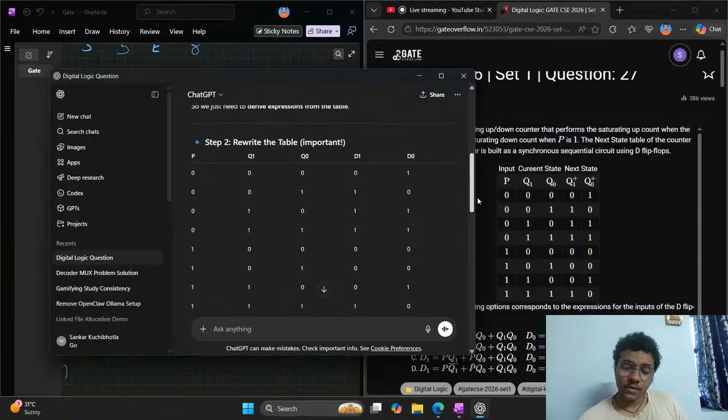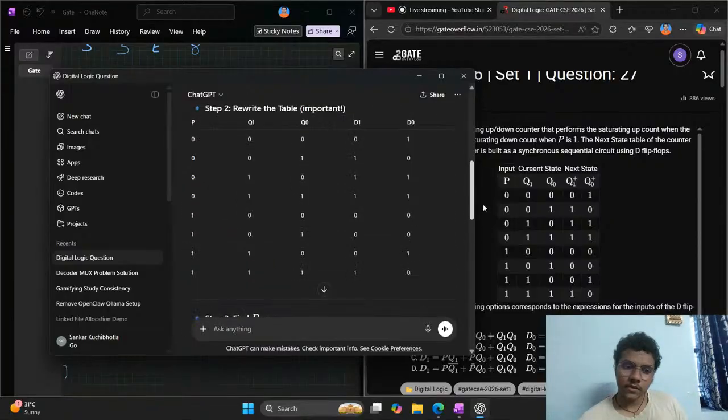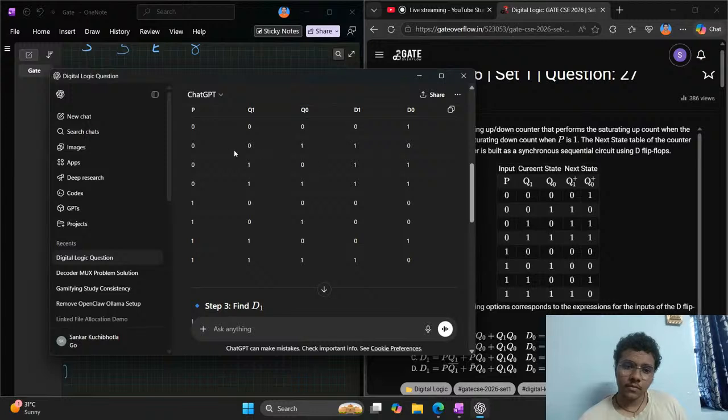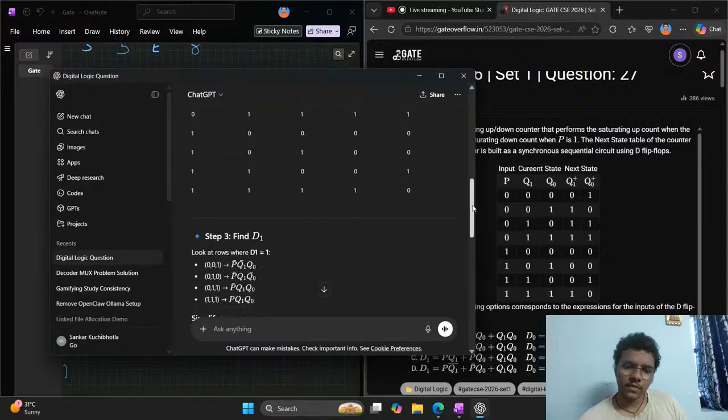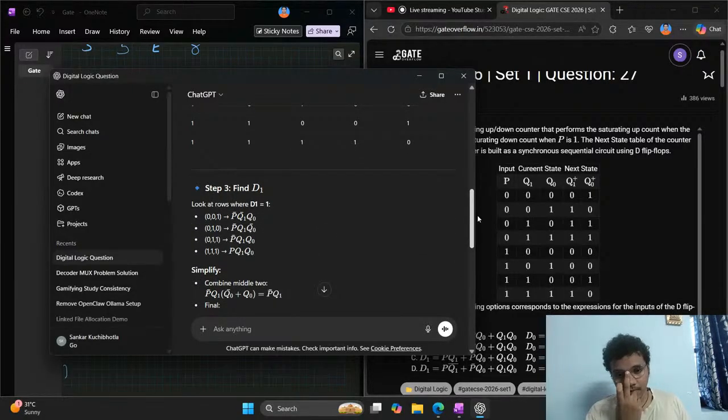Get rows where D1 is equal to 1. Okay. 0 0 1, 0 1 0, 0 1 1, 1 1 1. Okay.